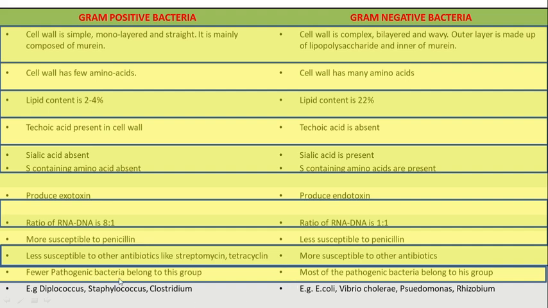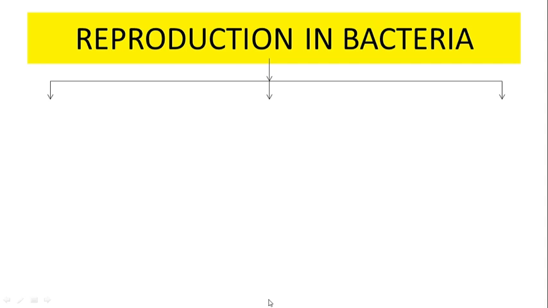Few pathogenic bacteria belong to the gram positive group, and the majority of pathogenic bacteria which cause hazardous diseases are in the gram negative group. Examples of gram positive include Diplococcus, Staphylococcus and Clostridium, whereas gram negative include E. coli, Vibrio cholerae, Pseudomonas and Rhizobium.